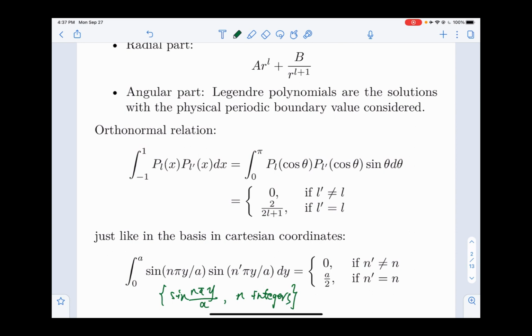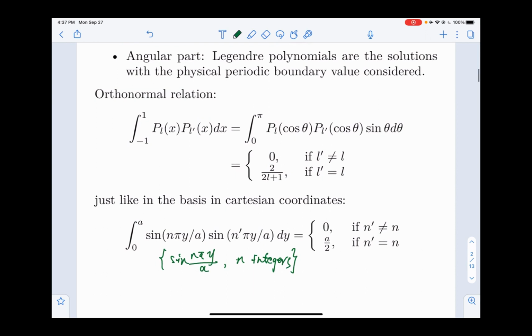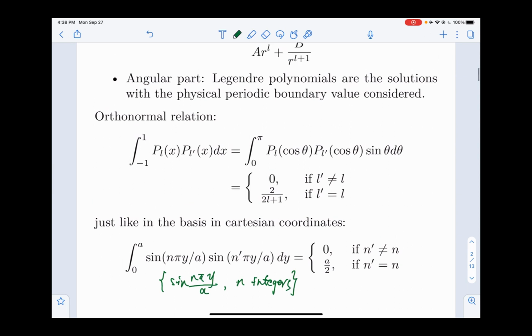It was claimed by mathematicians that you can expand any function in terms of this basis, which means that this basis is complete. And now in the angular part, the argument is pretty much the same.